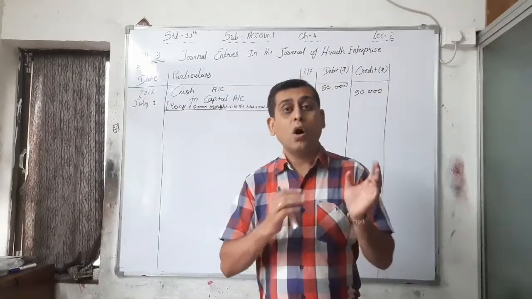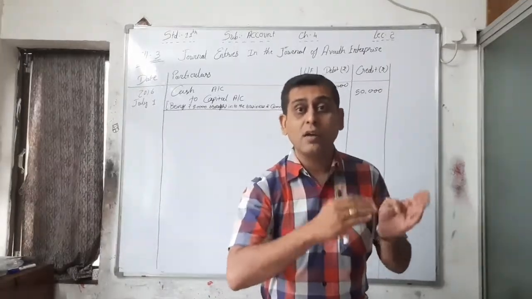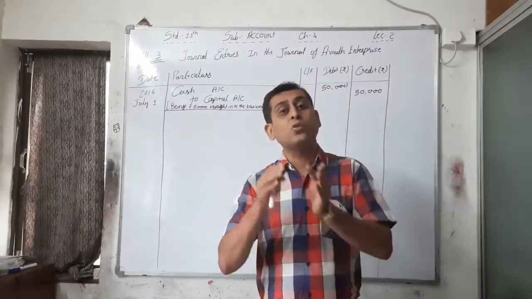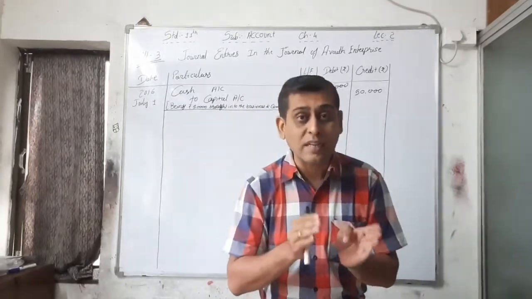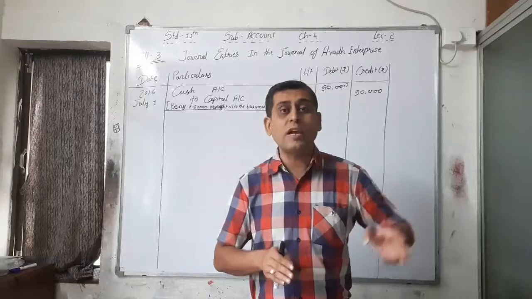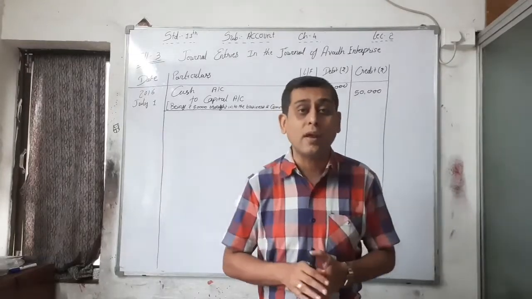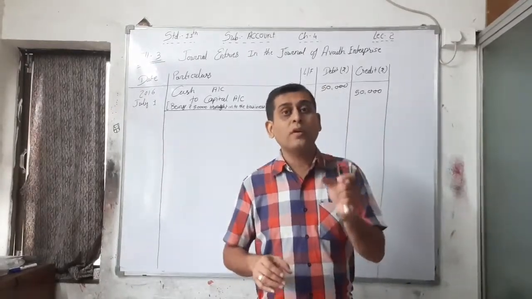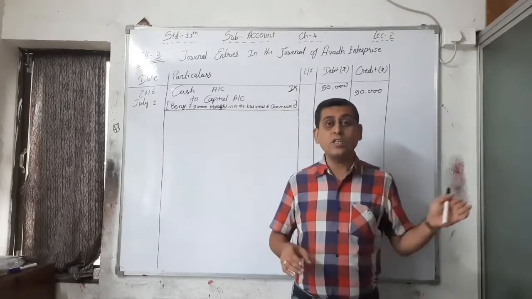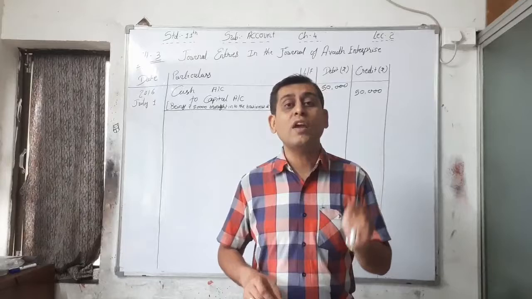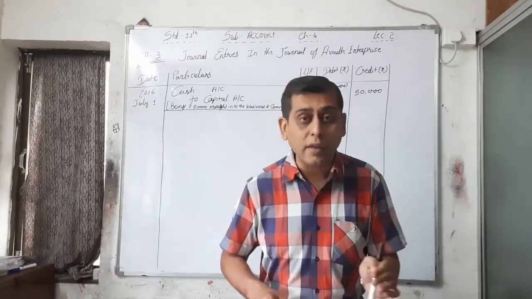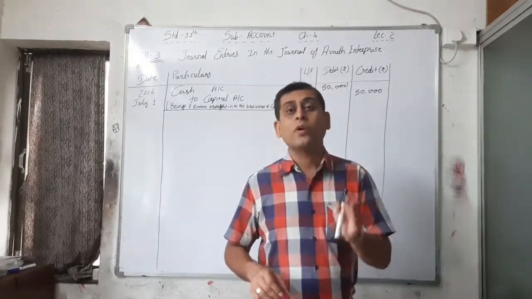And here all these things are brought by the owner to the business. That's why the capital account is credited. All these three items are credited to the capital account. And here, in one day, these three transactions are done with the capital account. That's why we are doing a combined entry. See topic number 2, combined entry.